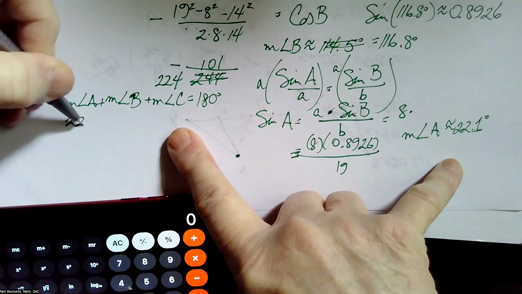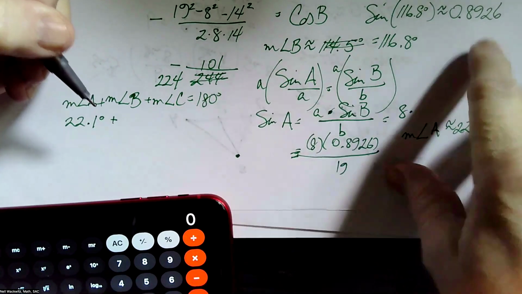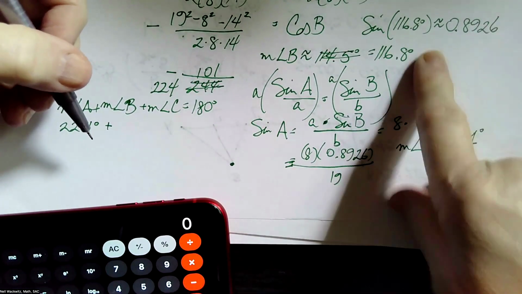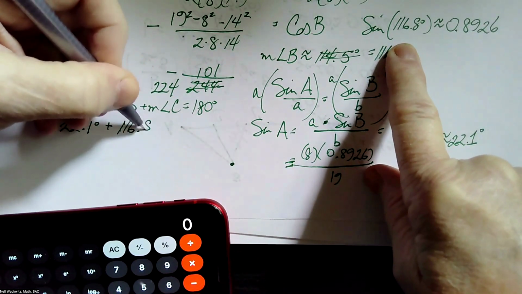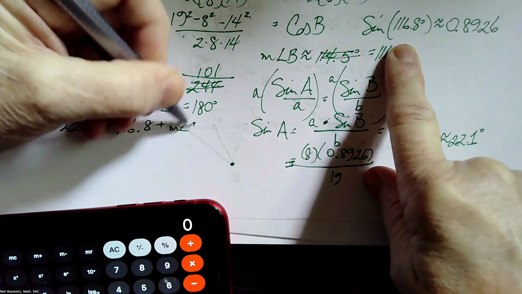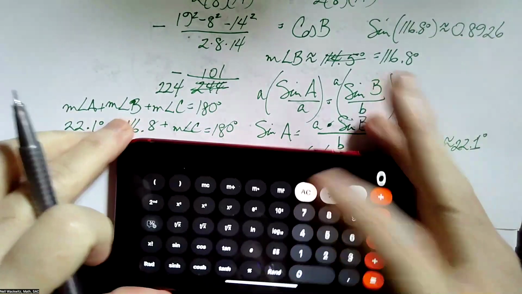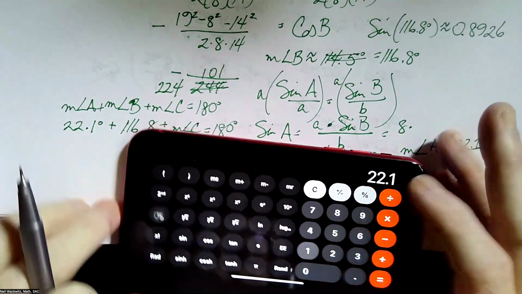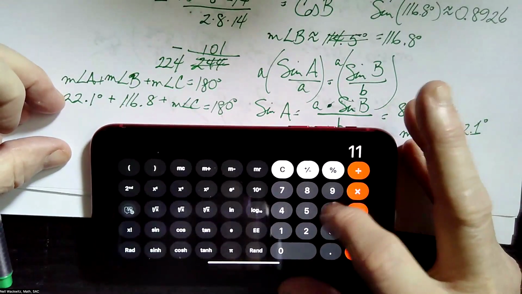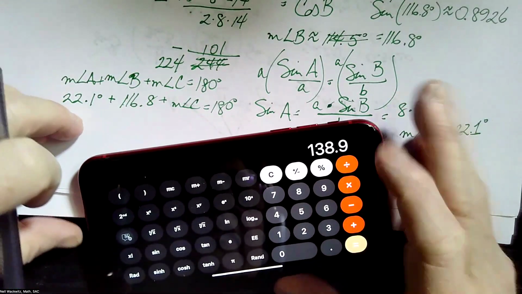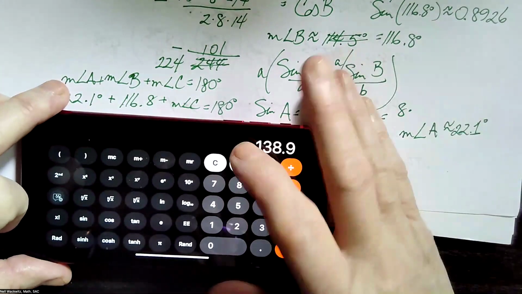We've got 22.1 plus, we said that B was 116.8, plus the measure of angle C. So 22.1 plus 116.8 equals, and let's make that negative so that we can add it to 180.